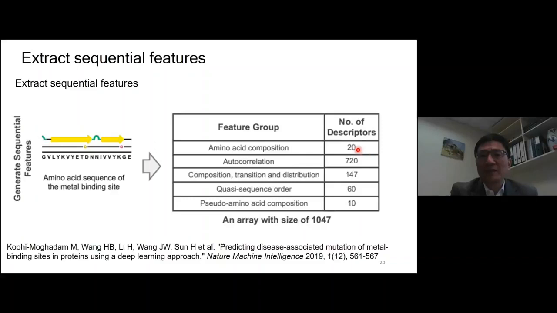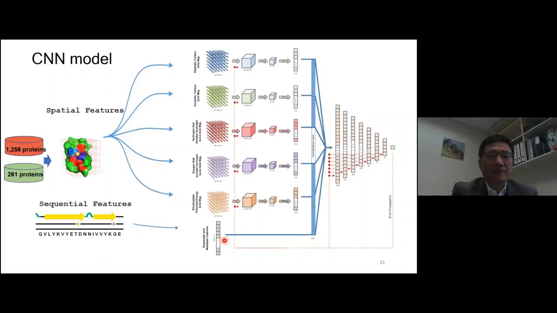All of this makes up these descriptors. So we have an array size of over 1,000. This is the flow chart to represent the input of data, and then the generation of the three-dimensional matrix. These are the typical probes we use, and we train the machine, and then eventually we can get the data.